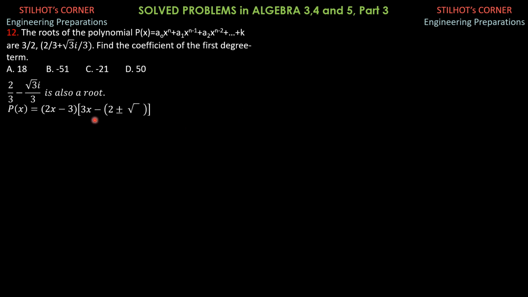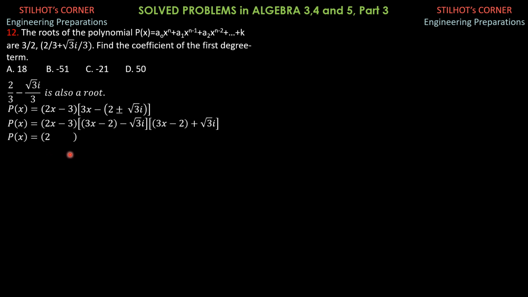So 3x minus quantity 2 plus minus square root of 3i. So this is for these two roots here. So simplifying, p of x is 2x minus 3, quantity 3x minus 2 minus square root of 3i, 3x minus 2 plus square root of 3i.